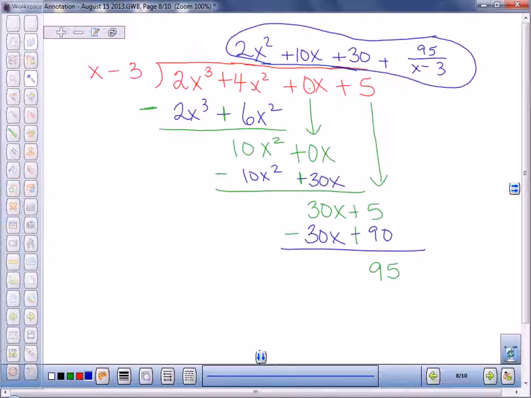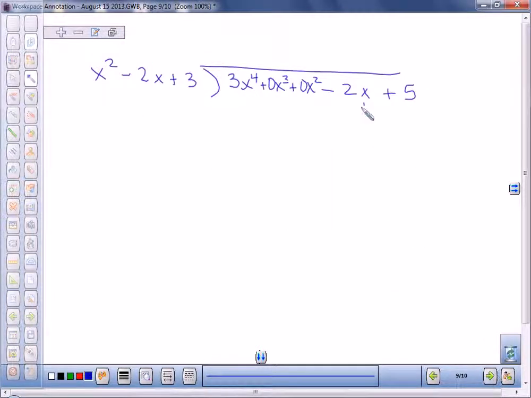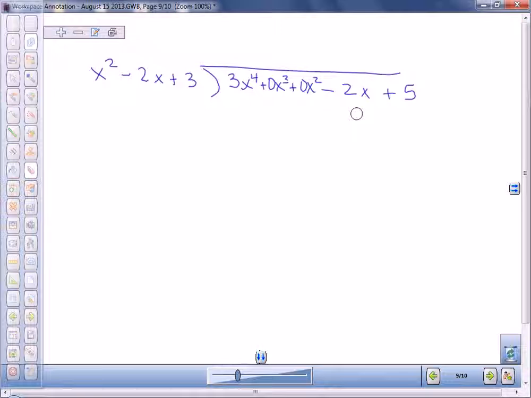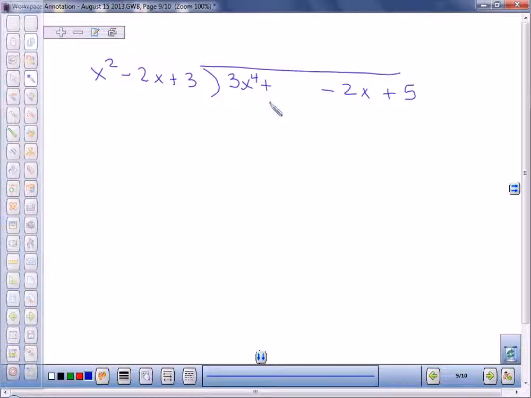Alright, now, this problem is really this. 3x to the 4th minus 2x plus 5 divided by x squared minus 2x plus 3. So we're missing the cube and the square here. So if it keeps you from forgetting about it, you might want to put the placeholder in.